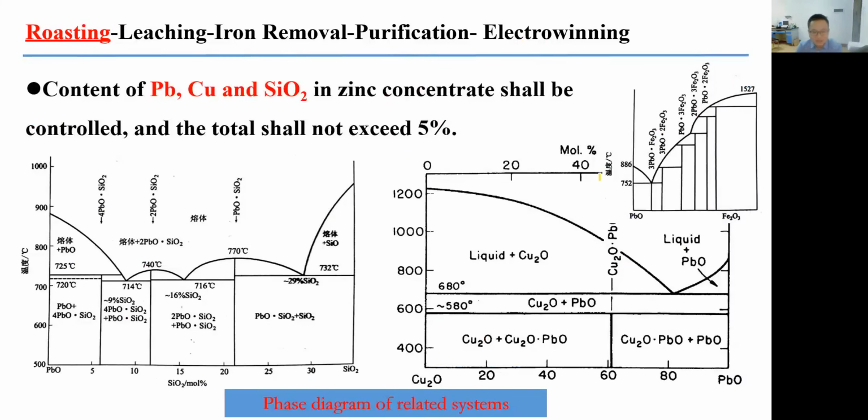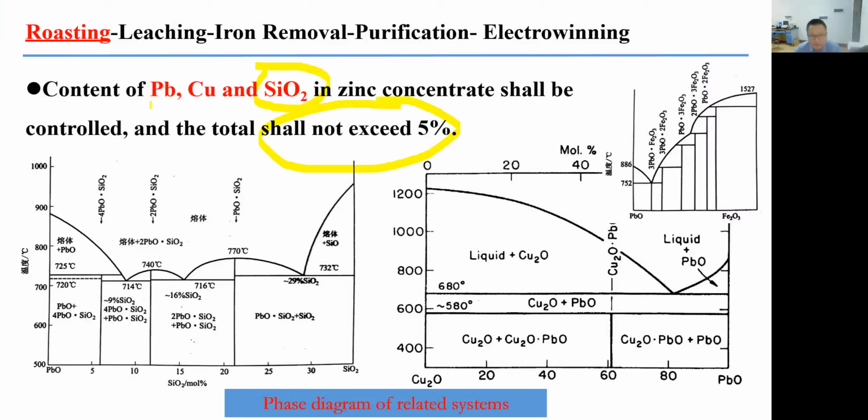And besides the behavior of lead, copper, and zinc, the gangue elements like silica oxide are also important when we are using this flow sheet. And there is a limitation, or a requirement.